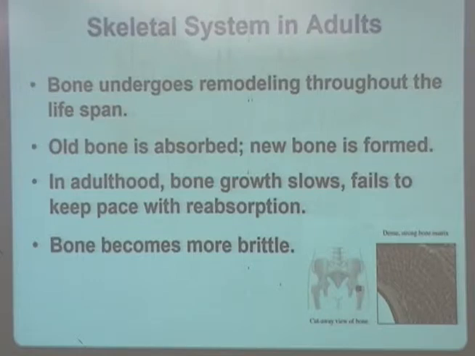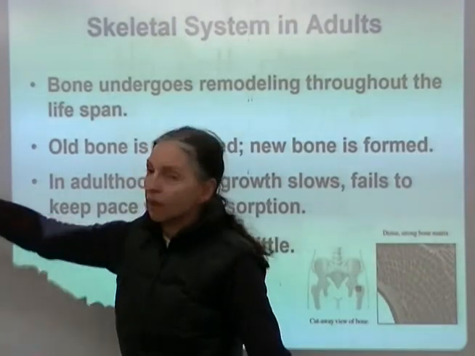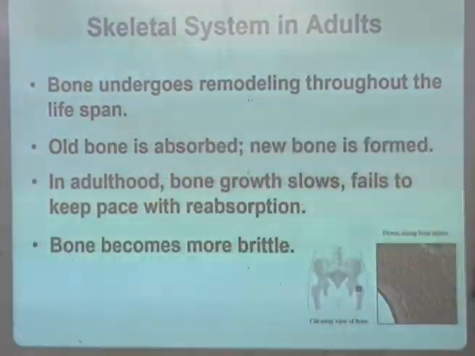Bone is a tissue that does not stop growing, right? It seems like it would be a tissue that finishes at a certain point because it's hard, but that isn't what happens. We actually remodel our bones all the time. When you're your age, the bone that I'm laying down here balances the bone that I'm reabsorbing because it's old, and your bones stay healthy and strong.